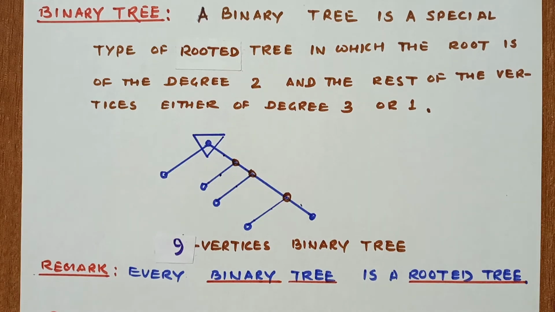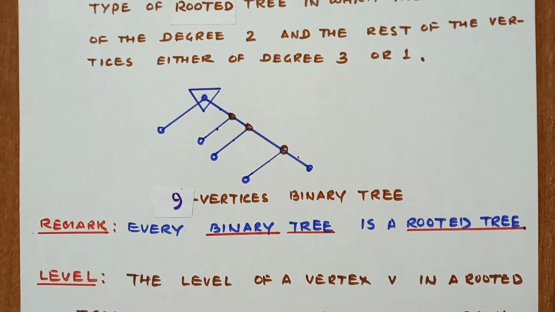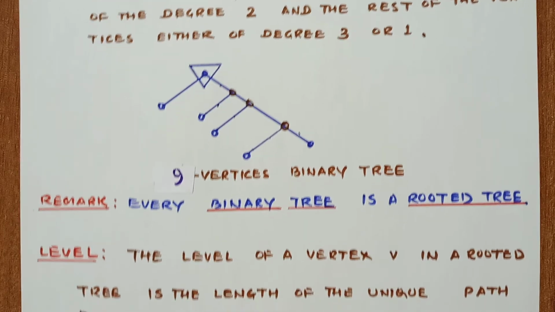Now label. What is a label? The label of a vertex V in a rooted tree is the length of the unique path from the root to the vertex.